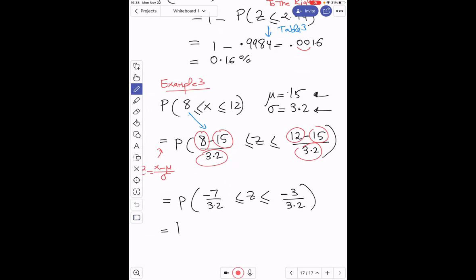So this is the probability that 7 over 3.2, let me check my notes, that's negative, don't forget there's a negative here. So it's negative 2.187, I think. And this z is negative 3 over 3.2, so that'll be equal to 0.93.